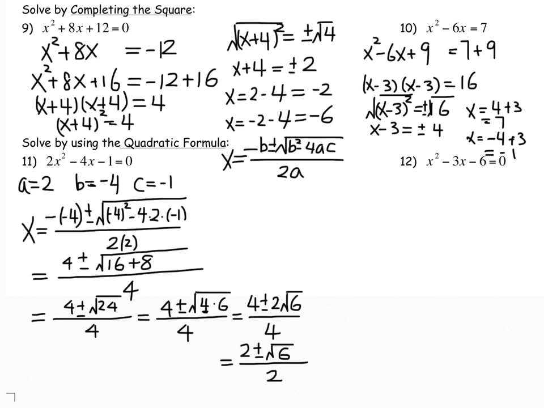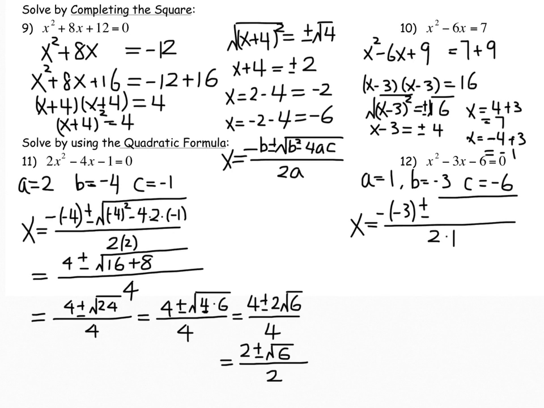Number 12, what are the A, B, C parameter values? So I have A equals 1, B equals negative 3, and then C equals negative 6. Plug it in. So I have X equal 2A, 2 times A, which is 1, minus B, which is negative 3, so minus negative 3. Don't forget your negative sign.